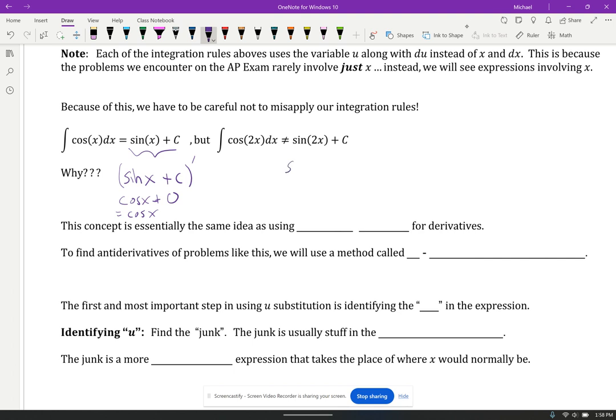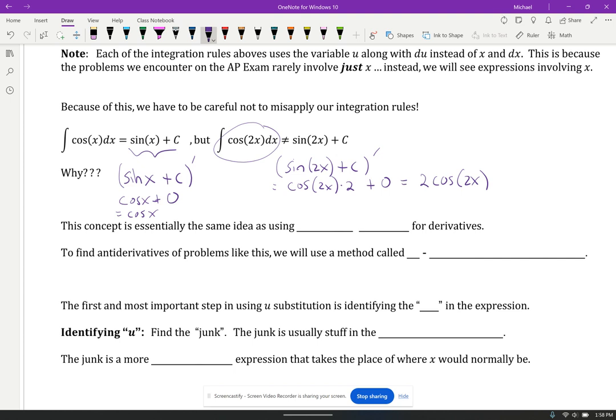But if I try to do the same thing over here, with sine of 2x plus c, and I try to take the derivative, the derivative of this is going to involve a chain rule because I have an inside function. And so the derivative of sine would be cosine with the inside still in it times the derivative of the inside, which is 2, plus the derivative of the constant, which is 0. And that's going to push me to have an answer of this, and that's not what's here.